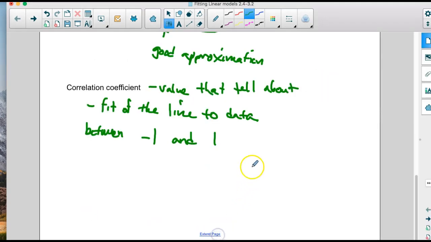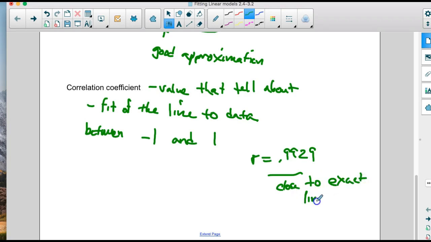So R equals 0.9929, which is very close to linear. 1 is an exact line with positive slope, exact fit. And this is a negative slope, exact fit.